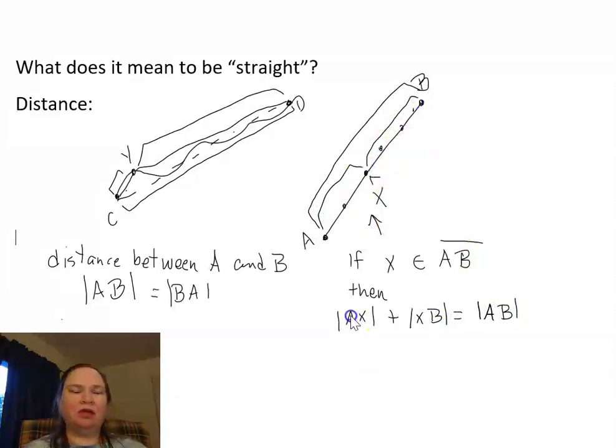It doesn't take you out of your way at all when you're going from A to B. And so we're going to use that property to define what we mean by a line segment.